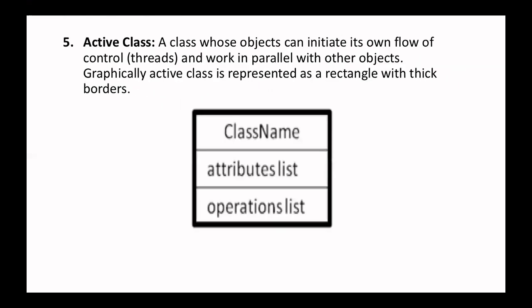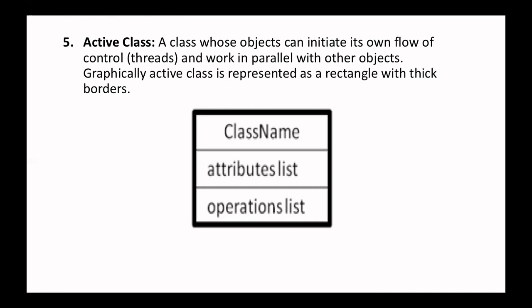Moving to the next structural thing, active class. An active class is a class whose objects can initiate their own flow of control and work in parallel with the other objects. An active class is a class whose objects own one or more processes or threads and therefore can initiate control activity.